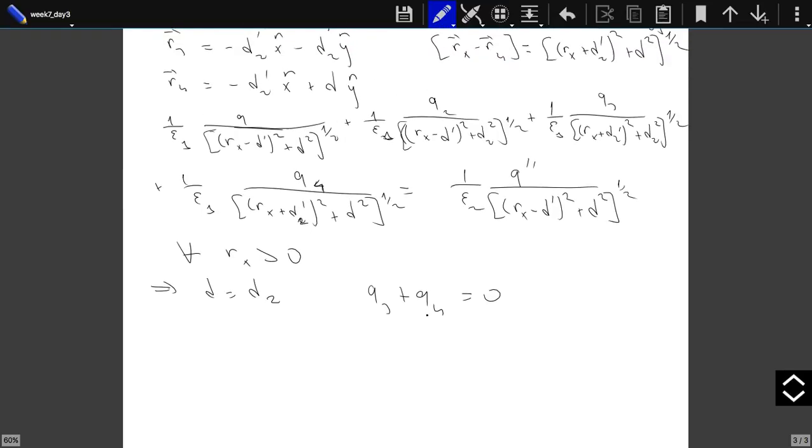Now, if these are satisfied, we still need to have Q plus Q2 times 1 over epsilon 1 equal to Q double prime over epsilon 2. So we have 6 parameters to determine. Now we have 3 equations. If these 3 equations are satisfied, I satisfy all the boundary conditions on this horizontal plane, semi-infinite plane.